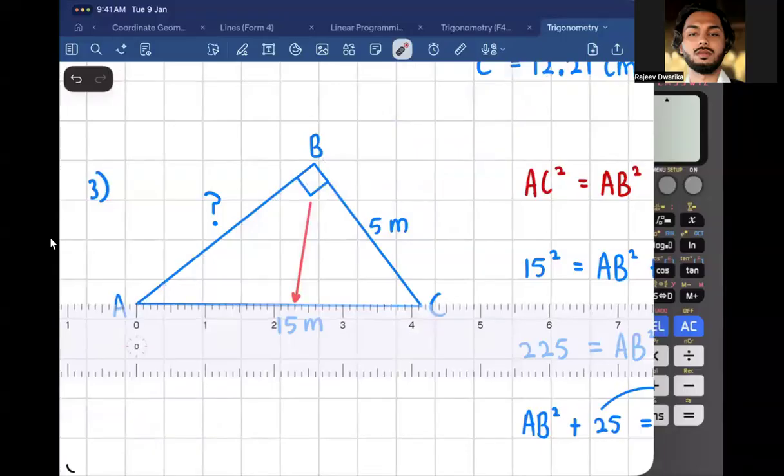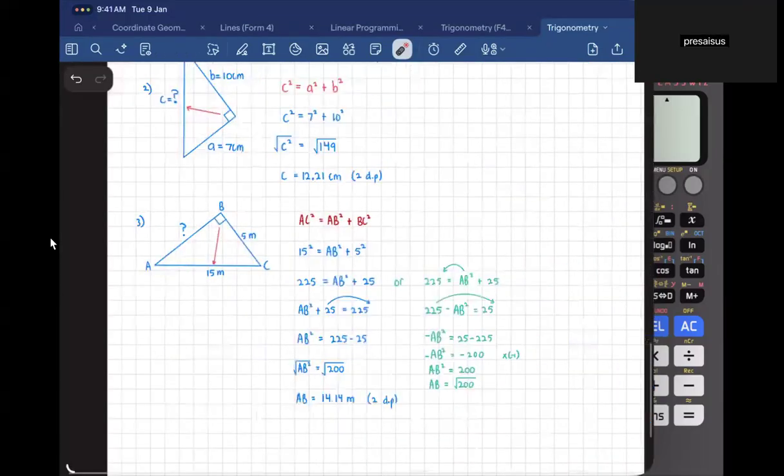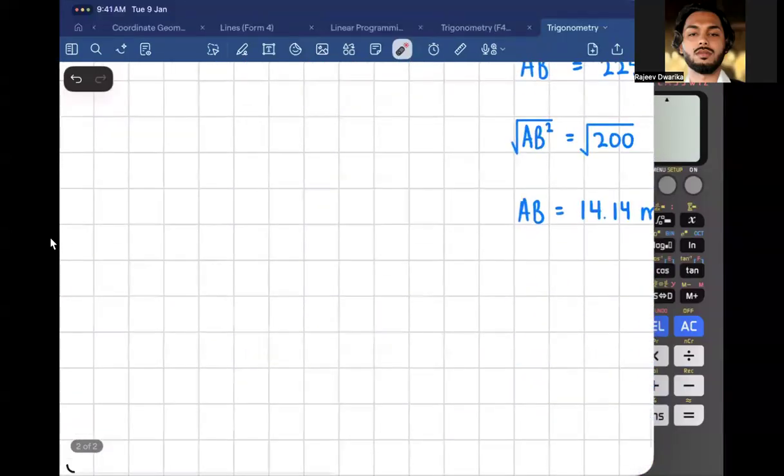If I measure A to C, starting from 0, that's looking like 4.1, 4.15. So you can clearly see that this is longer than this. If in the exam you forget, just measure it with a ruler. I'm being serious. Measure with a ruler and done. But the hypotenuse is always opposite the right angle. That's a really important fact.